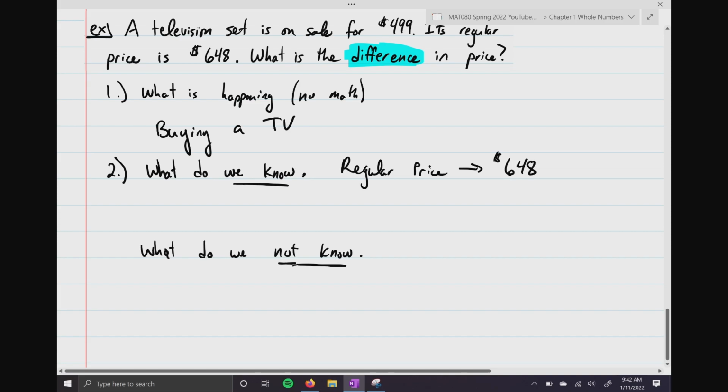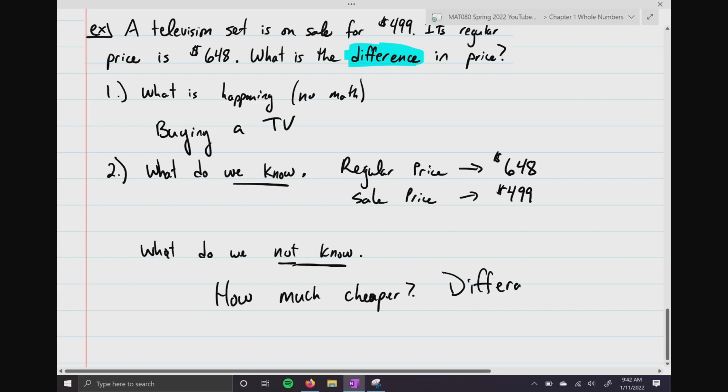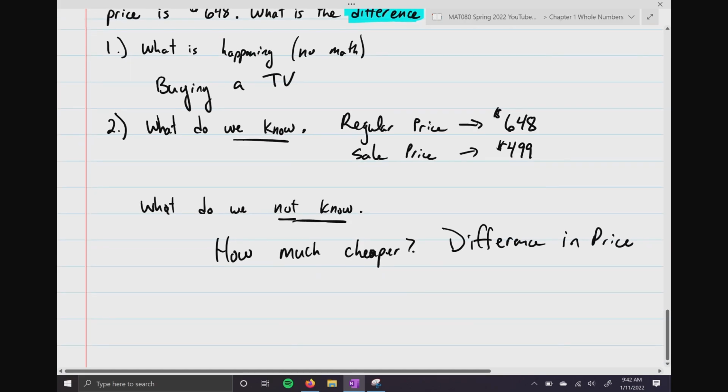And we also know that it's on sale for $499. So we know we're going to get this TV for cheaper. What we don't know is how much cheaper, which is our difference in price.